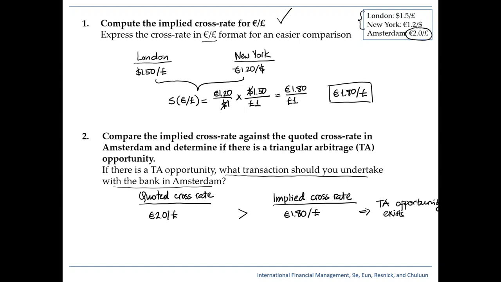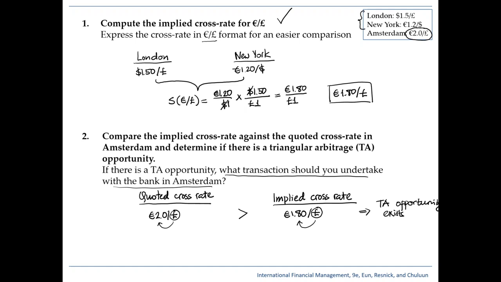So what's going to help us is just looking at the exchange rates by paying attention to how they're quoted. So probably the easiest way to think about this is remembering that we always want to buy low and sell high. So remember, we're talking about price of pounds in terms of euros. So our implied cross rate tells us that 1 pound is equivalent to 1.8 euros. But here's a bank in Amsterdam that's willing to buy or sell pounds for 2 euros.